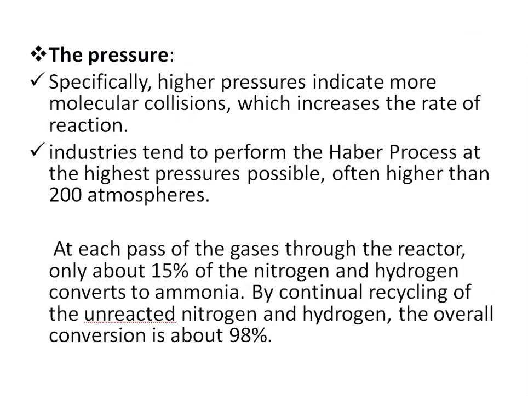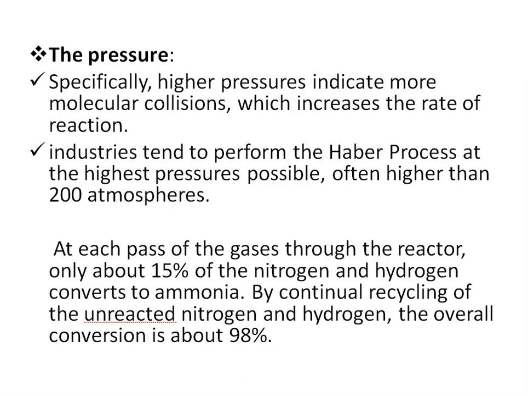Second important factor, pressure. Specifically, high pressure means more molecular collisions, which increases the rate of reaction, right? The higher the pressure, the more the rate of reaction increases, right? Industries tend to perform the Haber process at the highest pressure possible, often higher than 200 atmospheres, right?